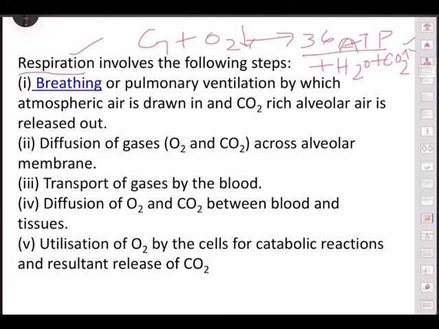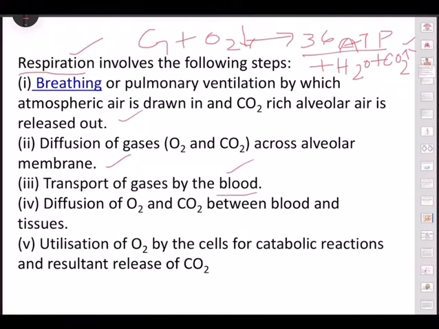So that is breathing. Breathing or pulmonary ventilation, by which atmospheric air is drawn in and CO2 rich alveolar air is released out. Then diffusion of oxygen and CO2 across the alveolar membrane. From air it has come to the trachea, respiratory tract, enters into alveoli, and then transport of gases by the blood.